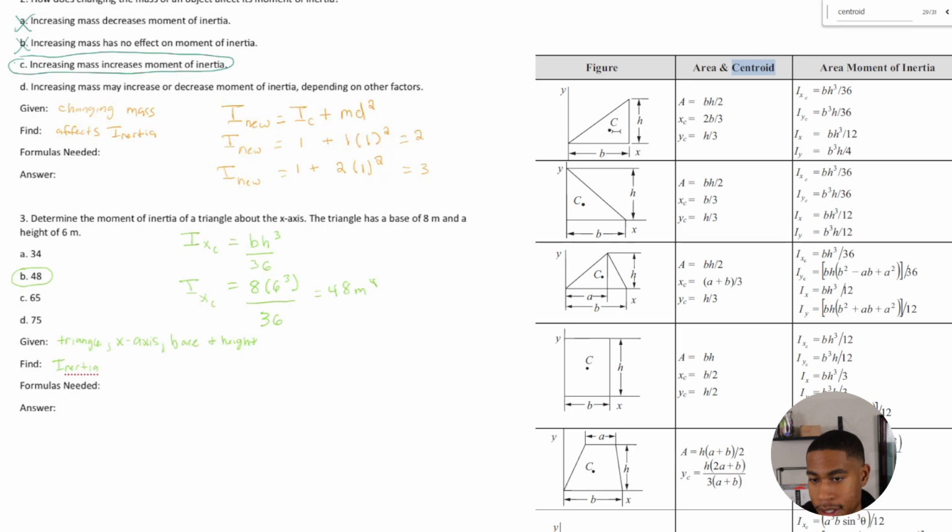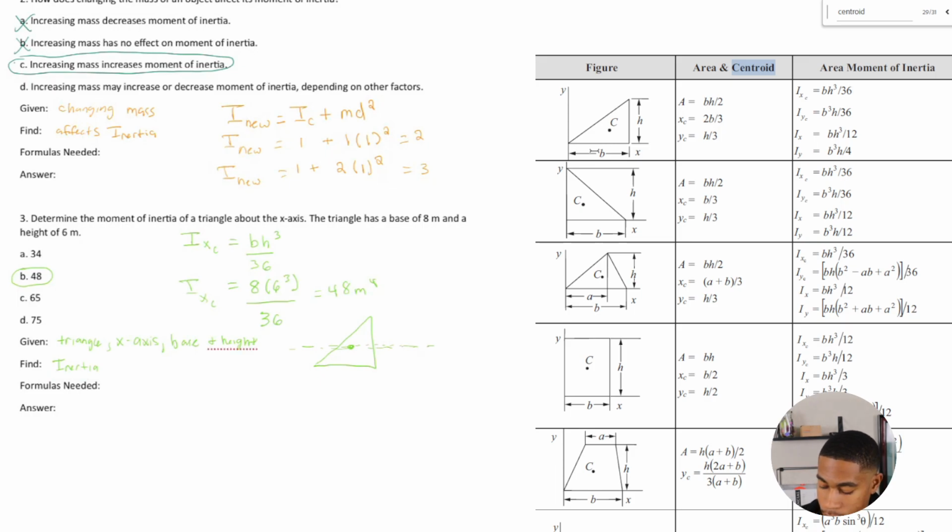I assumed that we were using this triangle and taking the centroid about the centroid's x-axis. But if they say determine the moment of inertia of a triangle about, they will need to denote clearly where they're saying. So they may even point it out and say, we don't want you to take the moment of inertia, because normally what you're doing is you're taking it about this axis, right?